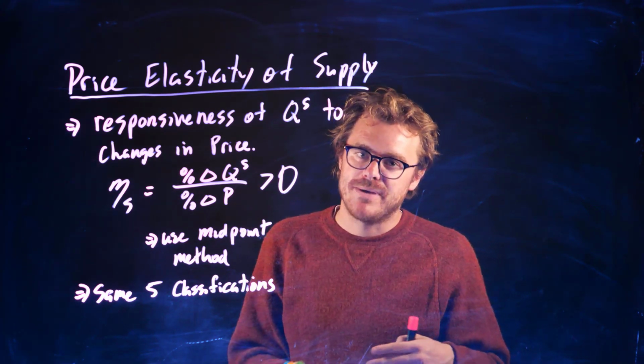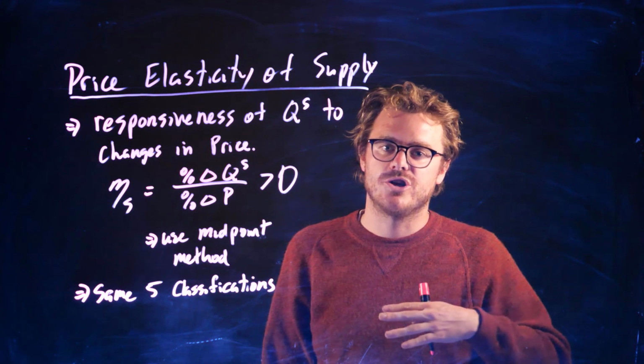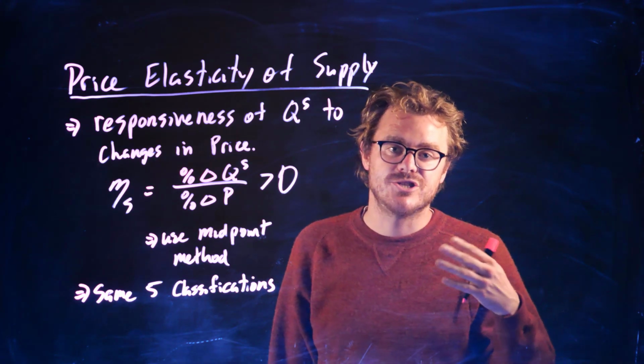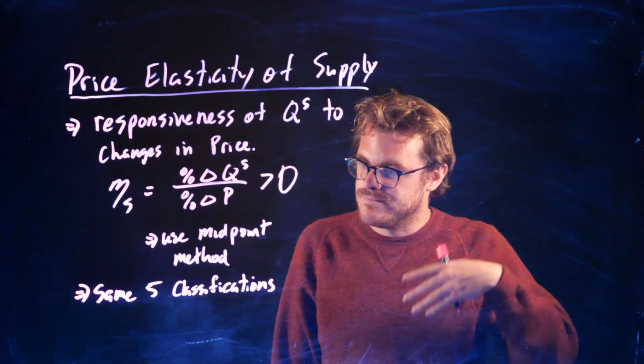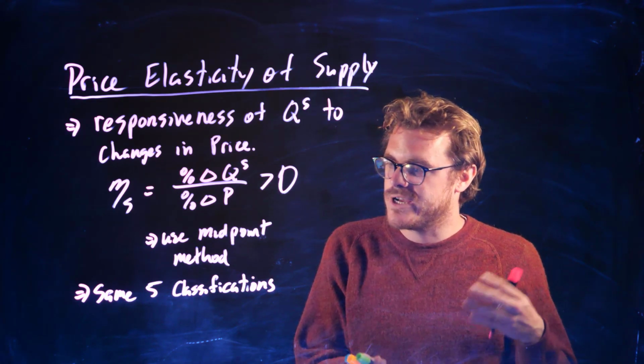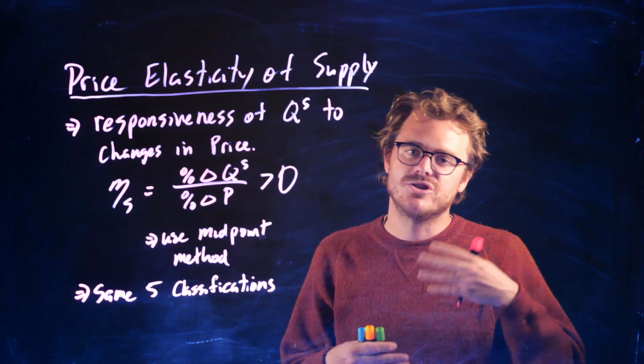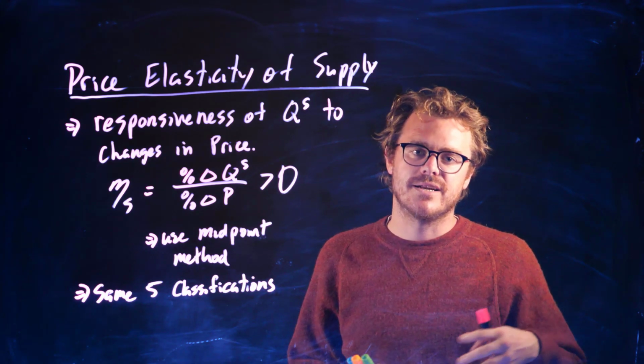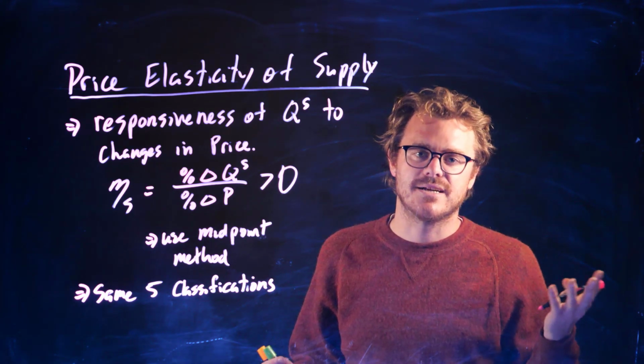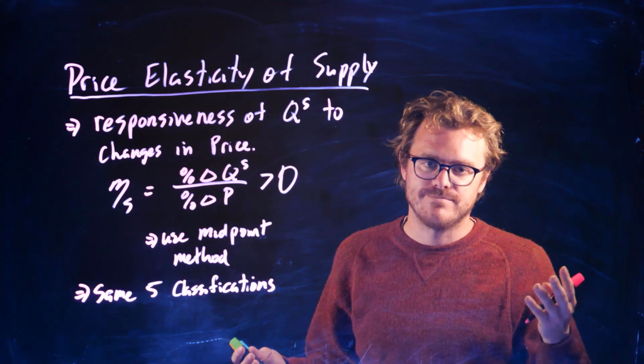And the determinants are basically how easy it is to change your production from a change in price. Some producers are going to have an easy time changing their production if price changes. Some will have a much harder time. And usually we think in the long run, the supply is going to be more elastic than in the short run, just like demand.